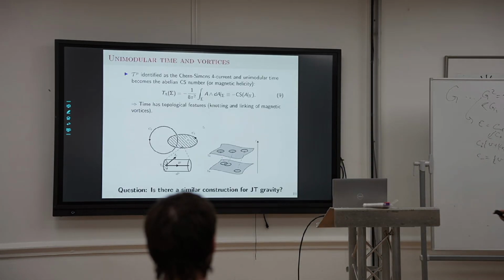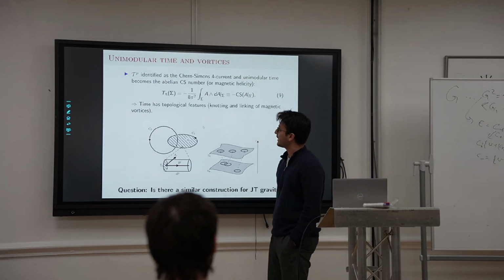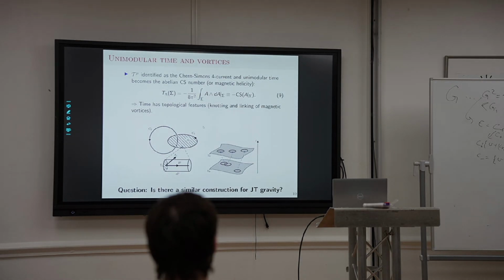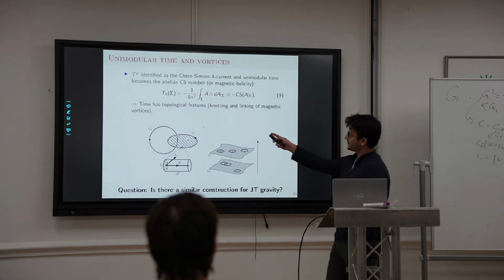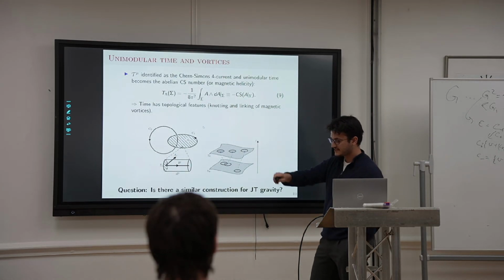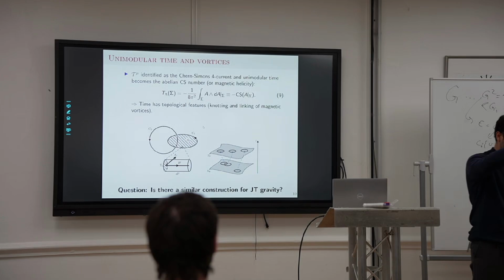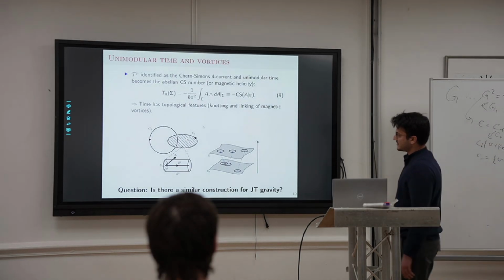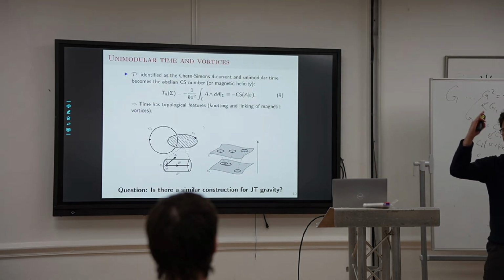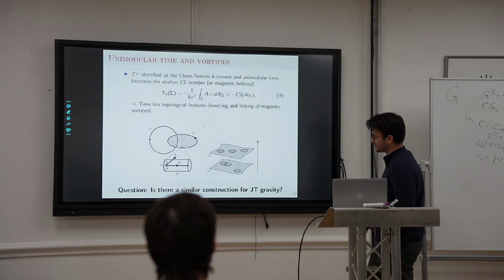So now you can actually integrate this, and you find that the unimodular time is actually the Chern-Simons number on a given space-like slice. This paper explores the properties of what this might be on these sigmas, and it turns out that these are magnetic vortices. So you have a topological evolution of these configurations on each hypersurface, giving you a flow of time, basically. It looks like this is what gives you a flow of time in this picture.